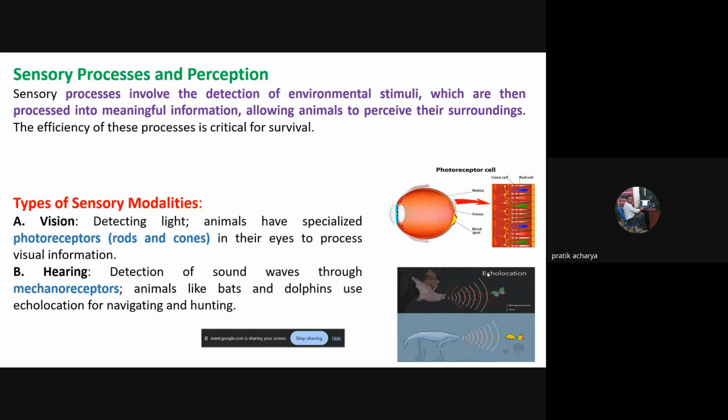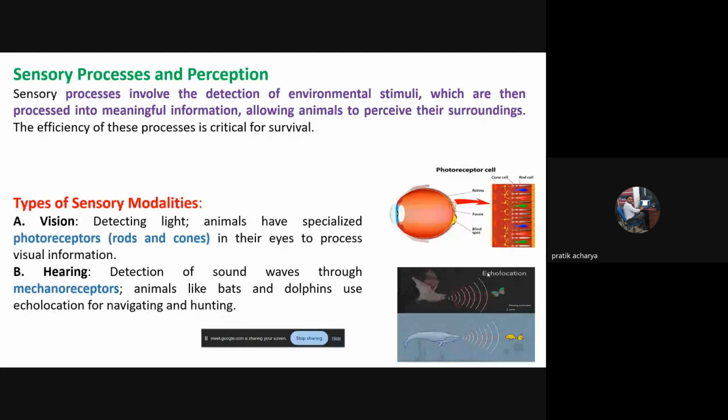So for the detection, different modalities are there, different properties of our body are responsible. Like the modalities mentioned here, one is vision.